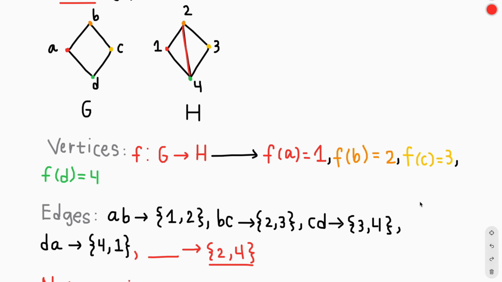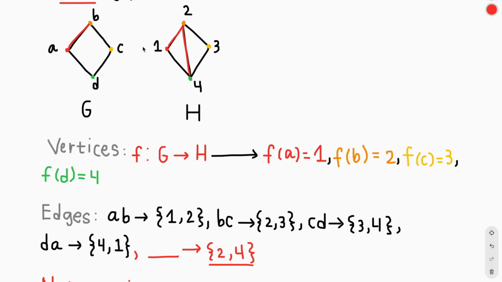But we also have to make sure that we have a valid mapping of edges. And in order to do that, we're going to use what we know about our corresponding vertices, right? We've already seen that A corresponds to 1 and B goes to 2. So based on that, if we have some edge AB, then there should also be an edge between 1 and 2, because those are the corresponding vertices and should make up a corresponding edge.